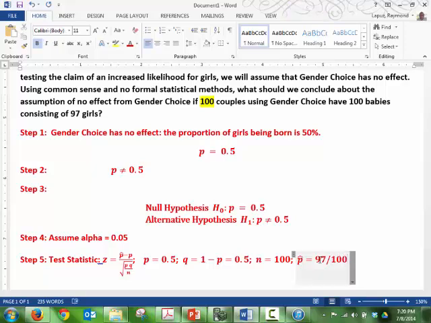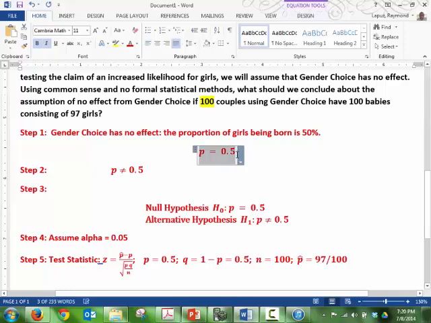The sample. Remember, P hat is a proportion in your sample. P is your proportion for the population. We actually don't know what P is. We're just kind of guessing. This is where you're making the hypothesis. You're saying the hypothesis is that P is equal to this. You don't really know that. That's what we're testing. But you do know what P hat is, because that is the proportion for the sample.